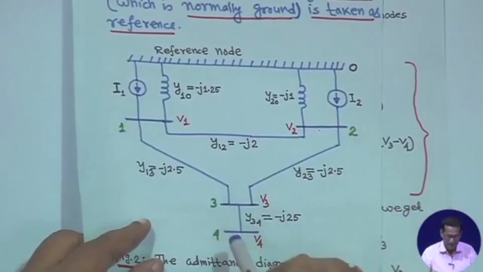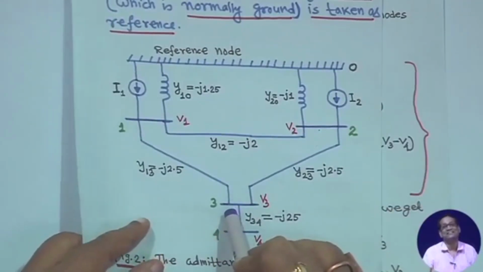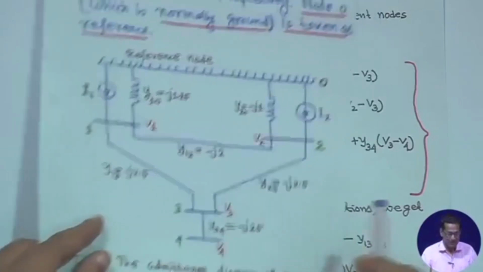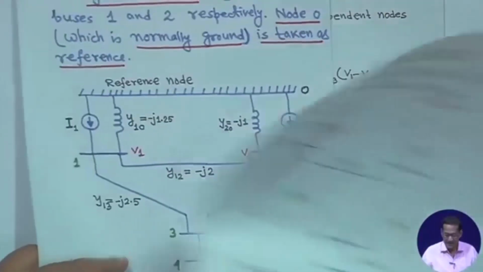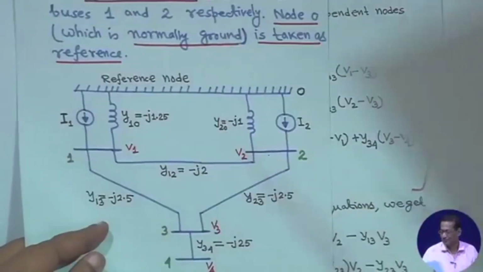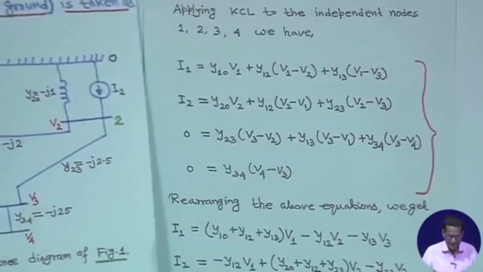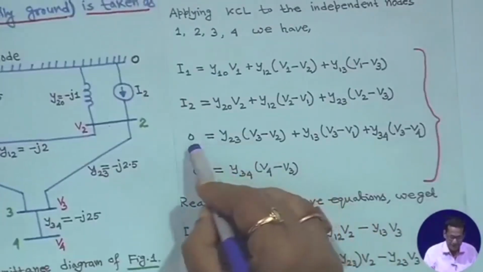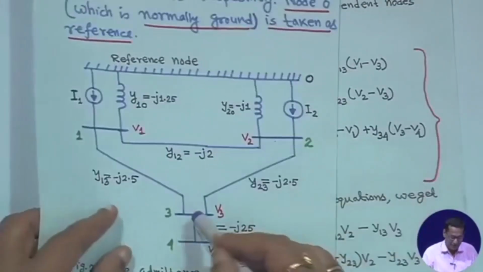Now, the third bus bar: here there is no current injection, this bus bar and this bus bar, because in this diagram nothing was given. So, no current injection, that means 0. That means 0 is equal to, for bus 3, you take all the outgoing current.